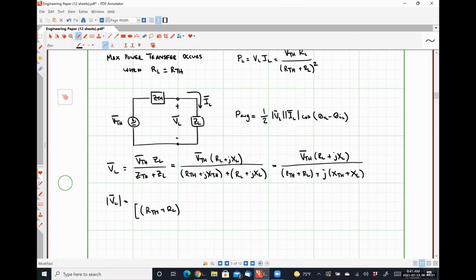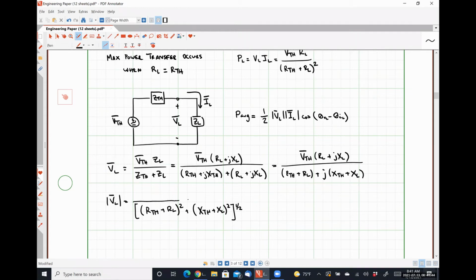The denominator should look like RTH plus RL quantity squared plus XTH plus XL quantity squared, that whole thing square rooted. So that is just the square root of the real part squared plus the imaginary part squared, which is by definition the magnitude of the complex number.